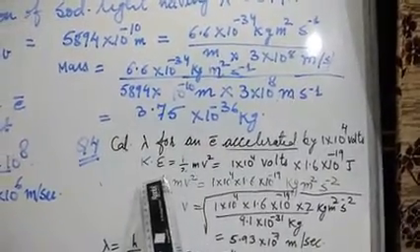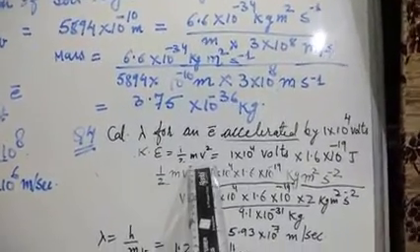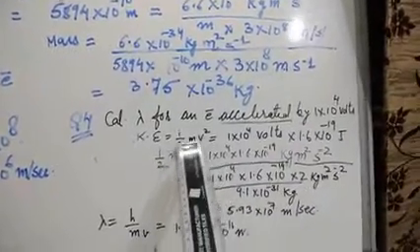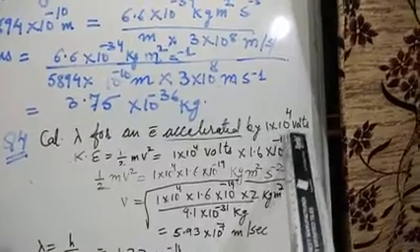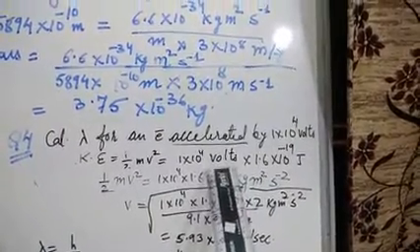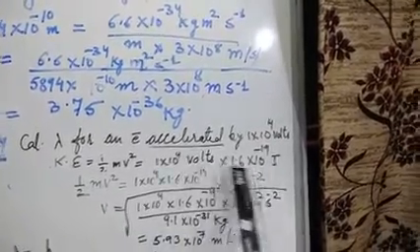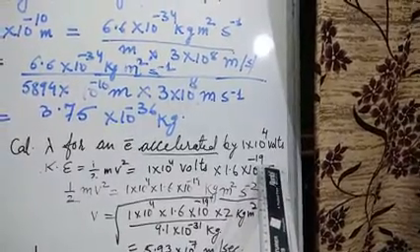Kinetic energy is equal to half mv square, that you have studied in junior classes, students. Half mv square. And kinetic energy value is given to you, 1 into 10 raised to the power 4 volts. To convert this volt into joule, we multiply that quantity by 1.6 into 10 raised to the power minus 19.